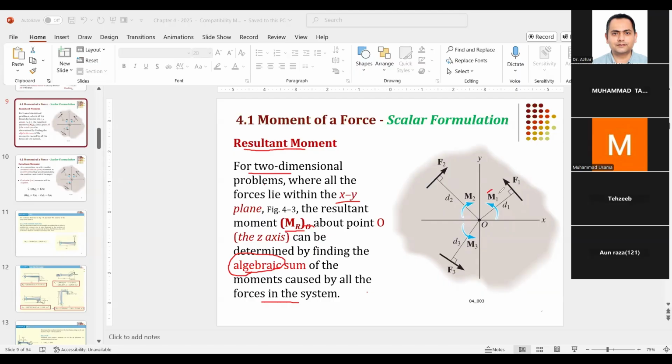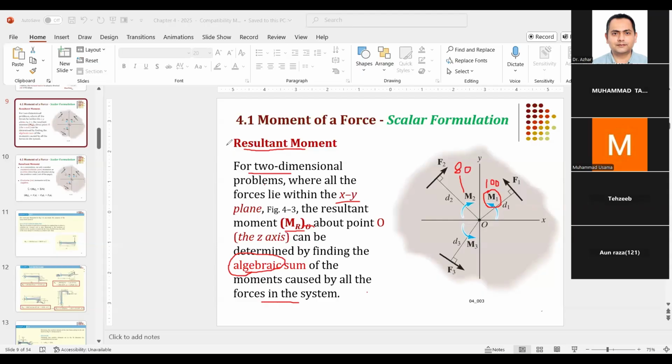For example, this M1 may be 100, and M2 may be 80. So they cannot cancel each other, only if they are exactly equal. So they will compensate each other, but not cancel each other. One of them can be positive, the other one can be negative.